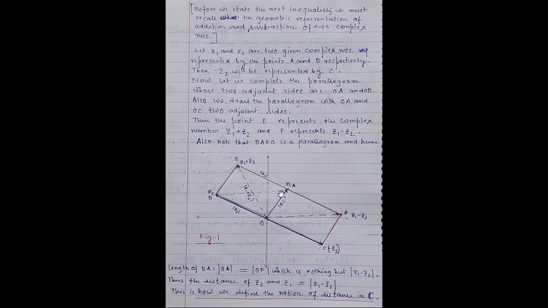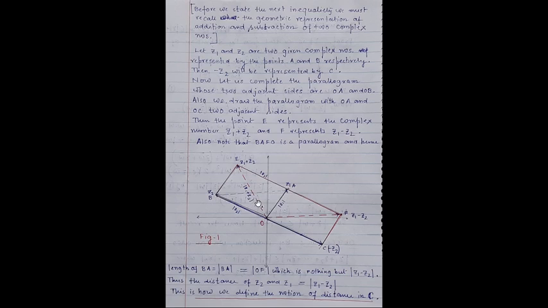And note that, think of this parallelogram BAFO. This is also a parallelogram. Now BA is merely the distance between the two given complex numbers.